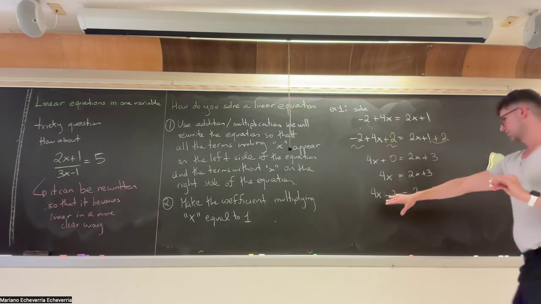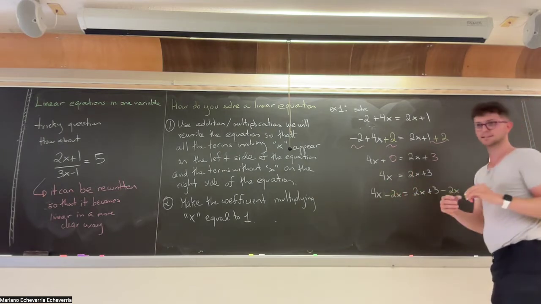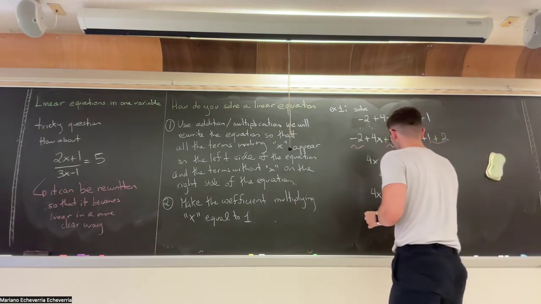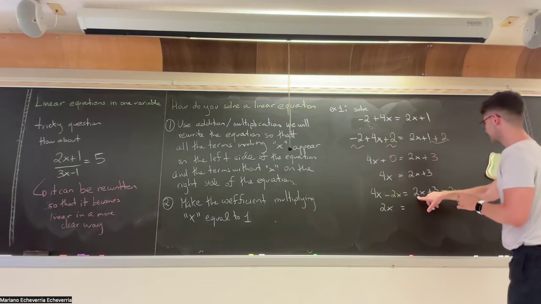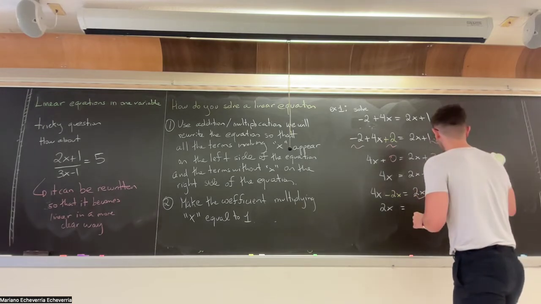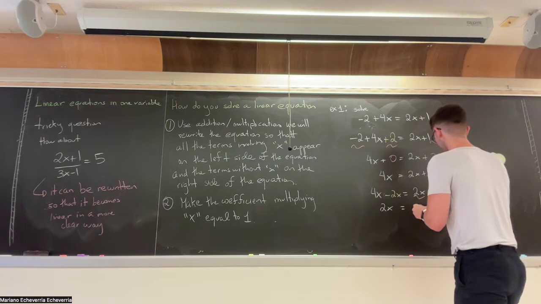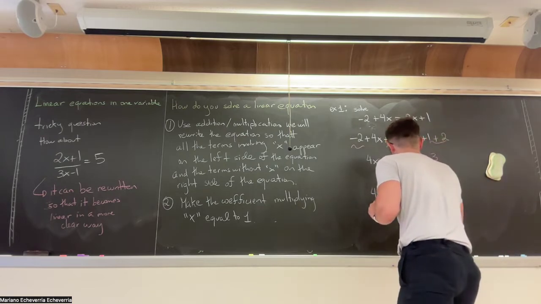And then 4x minus 2x becomes just 2x. And this 2x with this negative 2x goes away, so I'll just put a 0 as before. So you get 0 plus 3. Okay, so we're almost there. So you get 2x equals 3.